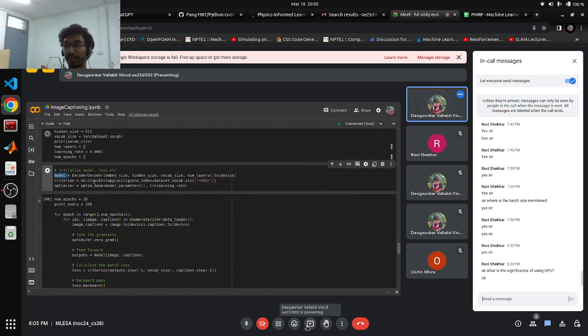Then I'm using cross entropy as my loss function. Whatever my output comes out to be, I don't care whether my caption has the words in the same order. I just want to see whether they are present or not. In this particular model we are implementing it like that.